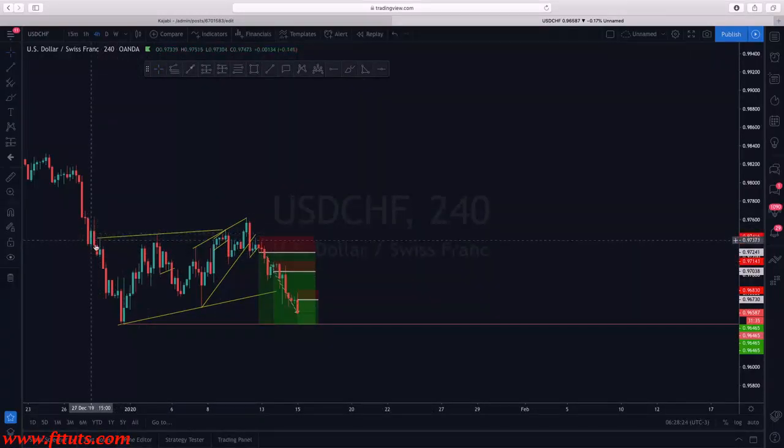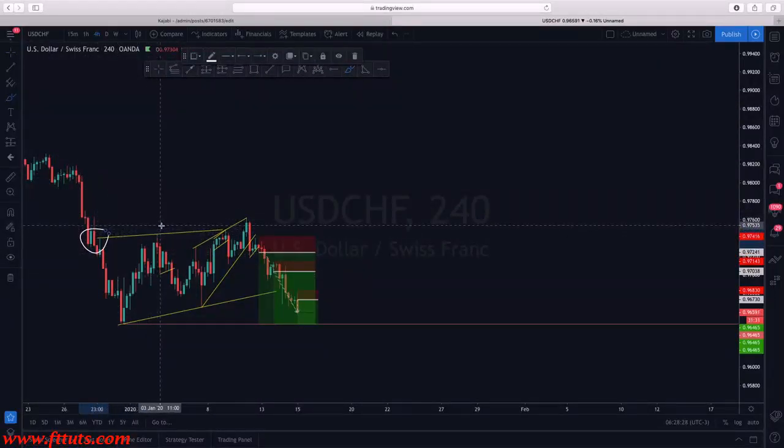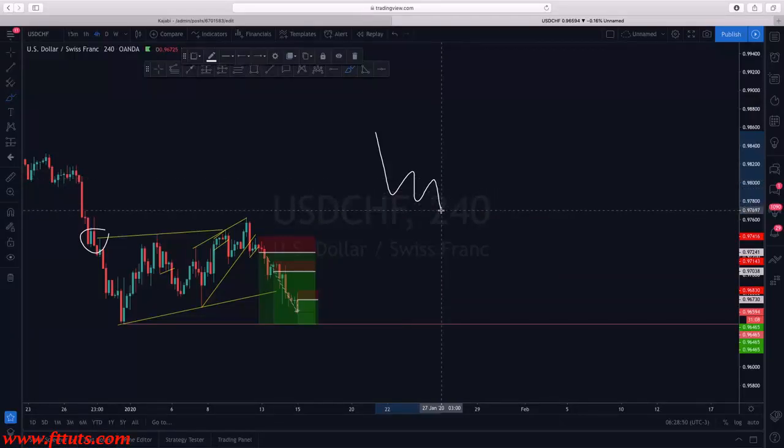So let's say, for instance, this is our first point. This is our second, and if price gives us a third point, like how it did here, you should start expecting a breakout to the direction that the pattern breaks out to. Even if, let's say, it's something different, price is pushing to the downside, price is pushing like this and like this.